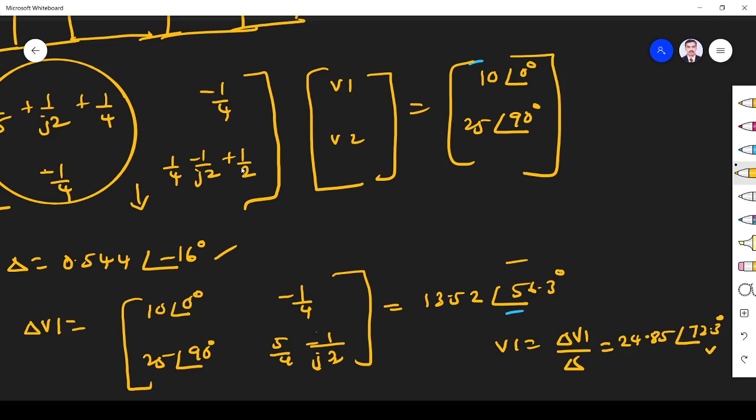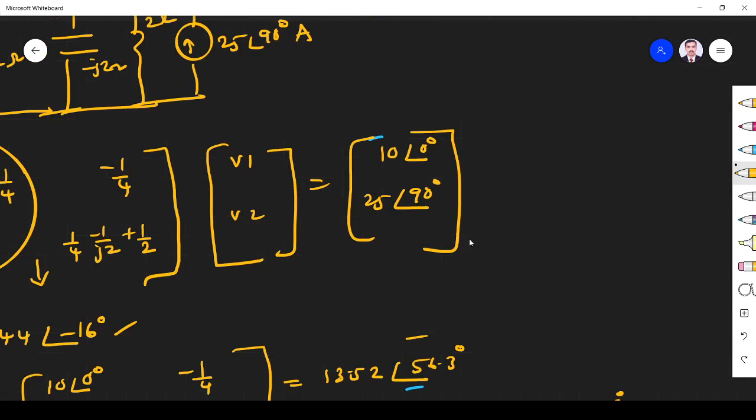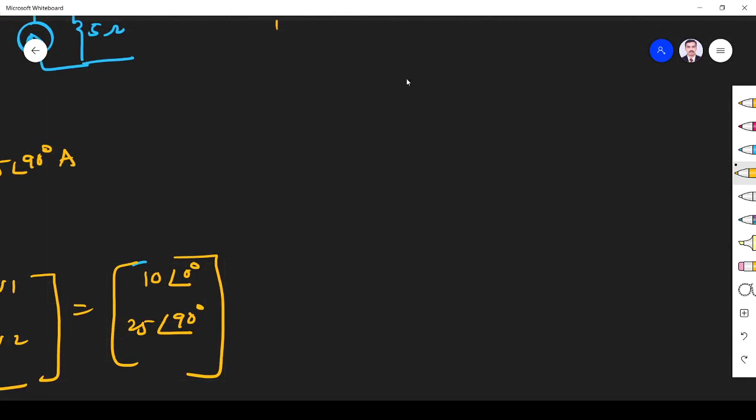Now I want V2. What do I have to do? Replace the second column by this element. The first column will be as it is. I don't have space here. Del V2 is: the first column as it is, 1 by 5 plus 1 by j2 plus 1 by 4, and minus 1 by 4.